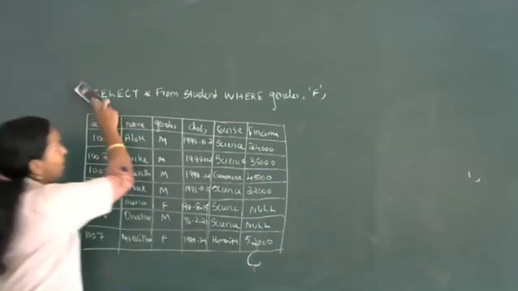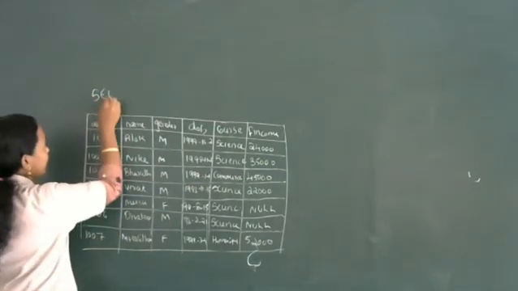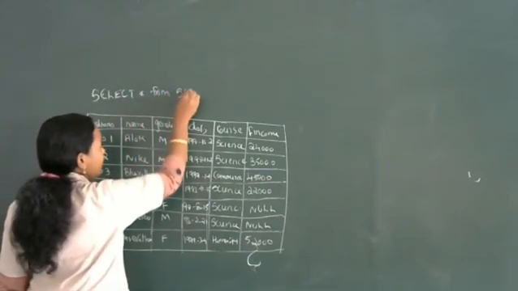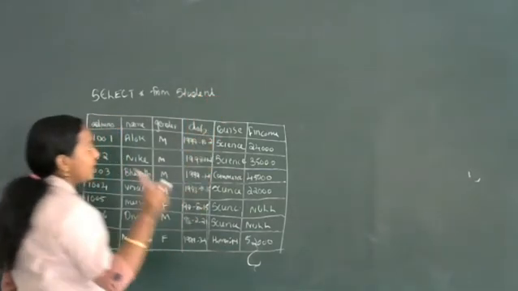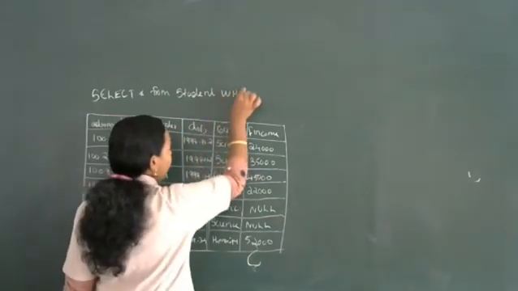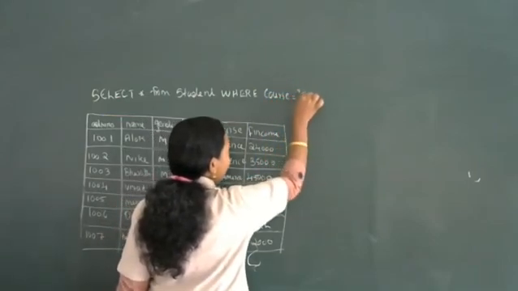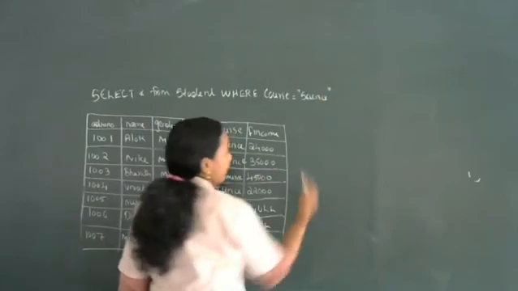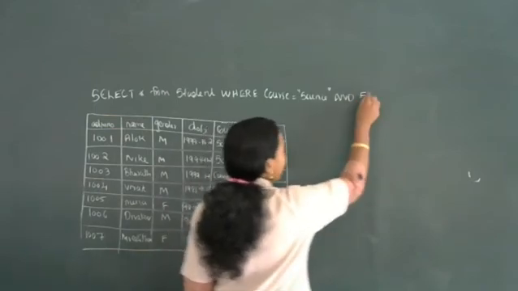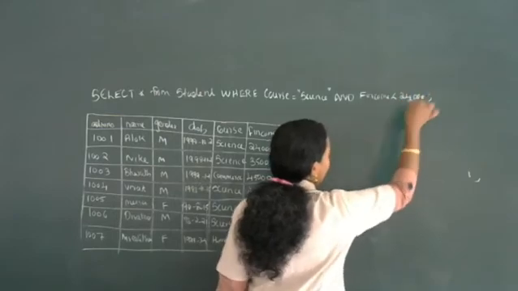So we can combine two conditions together. How will we write it? Select star from student where course equal to science, and one more condition: and F income less than 24,000.